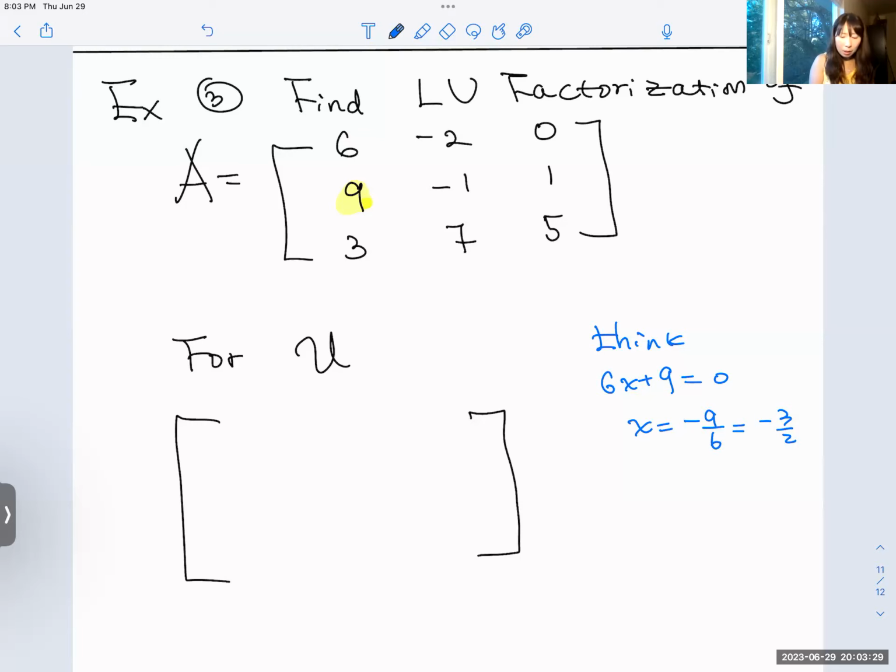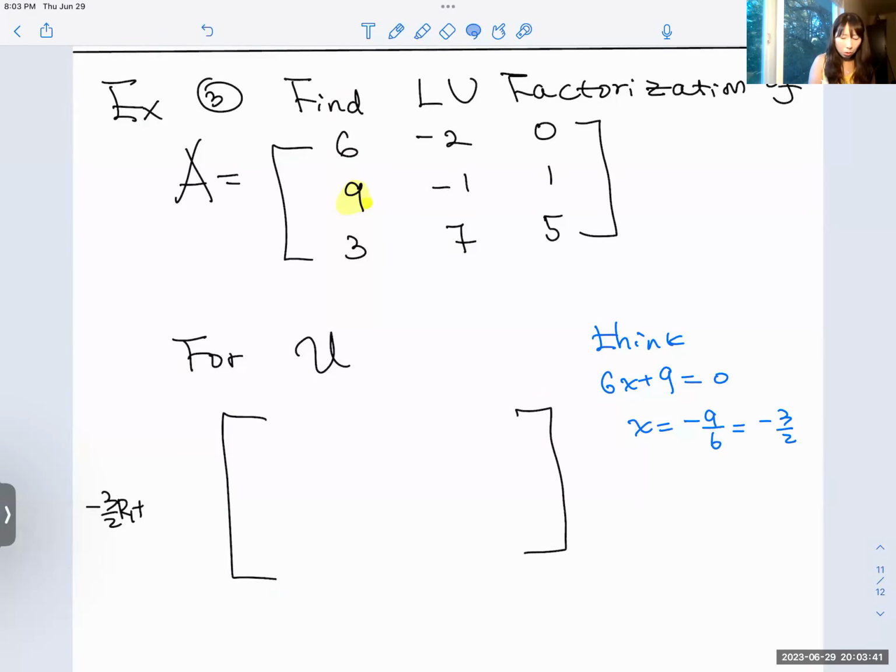Okay, there will be -3/2 row 1 plus row 2. Replace row 2, right? So we have a 6, -2, 0. Okay, we know that the first one is 0 because we made 1 from here, right? Second one, -3/2 row 1 plus row 2, right?